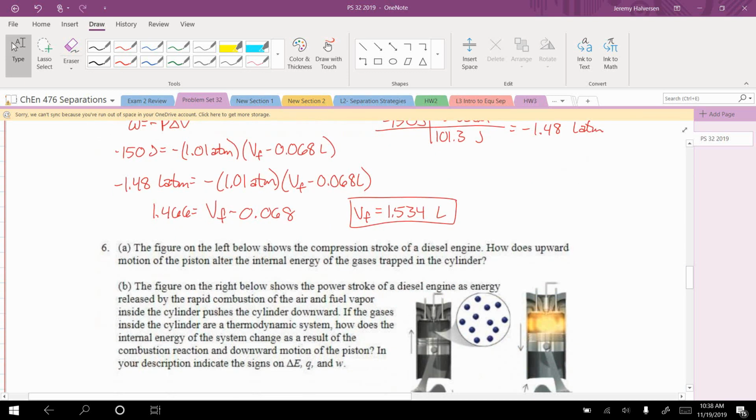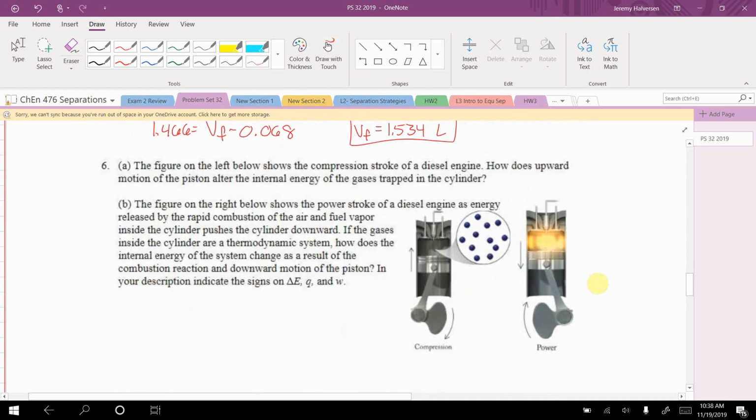The figure on the left below shows a compression stroke of a diesel engine. So, right there. How does upward motion of the piston alter the internal energy of the gases trapped in the cylinder? So we know that the change in energy is based on heat and work. In the compression case, there's no heat involved.